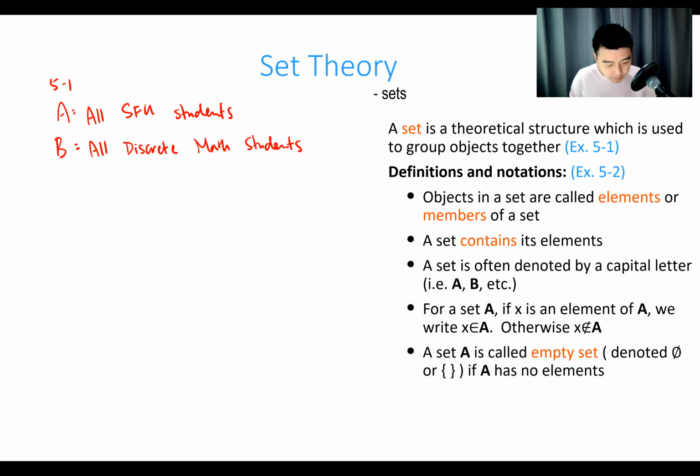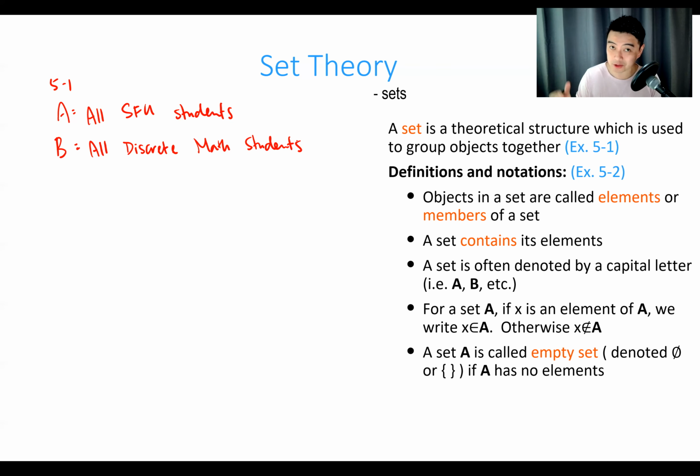We can assign these sets as variables, and typically the variables we assign to these sets are capital letters. You'll see examples like A, B, C, or X, Y, Z. These are typical names we would give to a set.